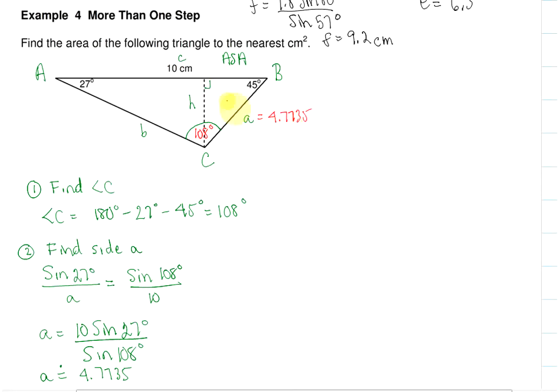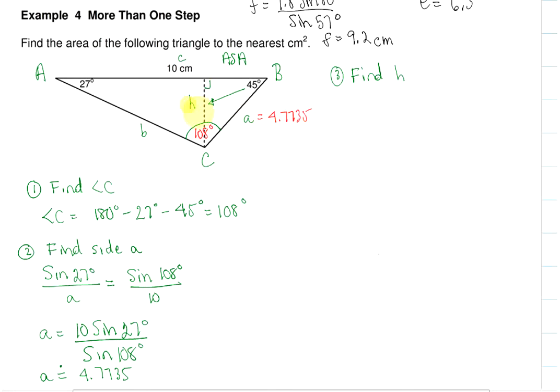Okay, so now I'm going to find H. Okay, and I've got a right triangle here. Okay, so step 3 is find H. So I have to decide which trig ratio I'm going to use. I have angle 45, and the opposite side to 45 is H, and the hypotenuse is 4.7735.